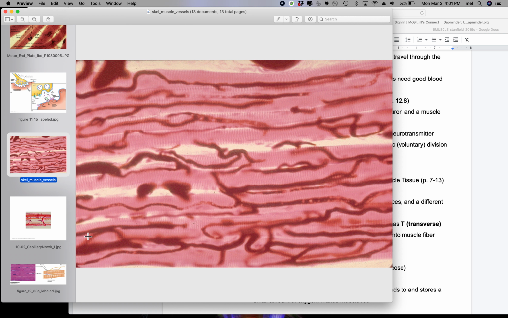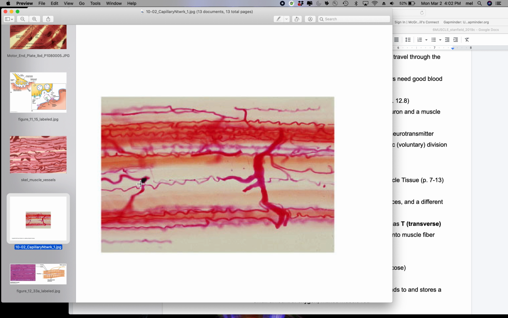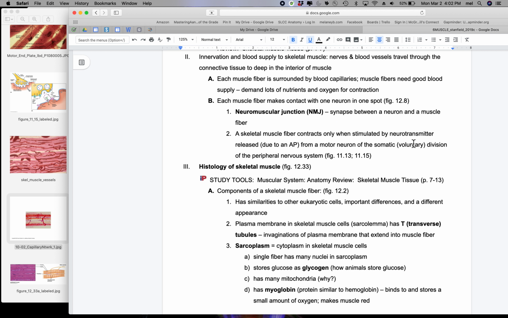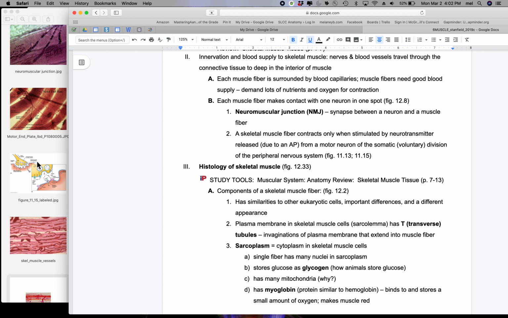Part of the reason that a steak, which is a cross-section of cow muscle, is so red is because of how vascular the tissue is. This is another figure of not staining the actual skeletal muscle fibers, just the capillaries around them. So very, very vascular.